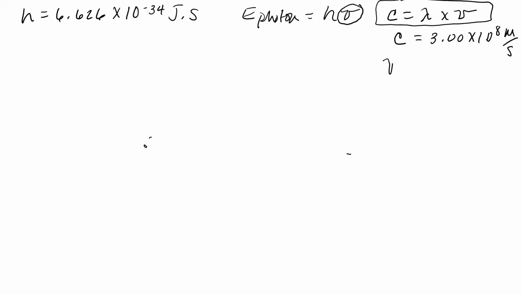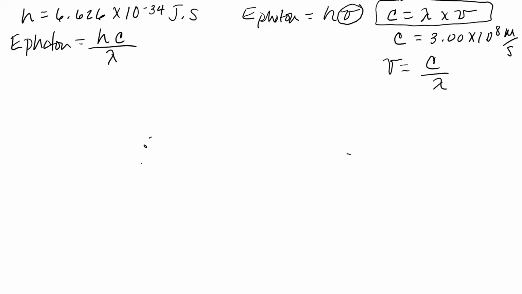If we rearrange to solve for frequency using the speed of light, the product of lambda times frequency, we get c over lambda. So another equation that can be utilized to calculate E of a photon is Planck's constant times the speed of light divided by lambda.